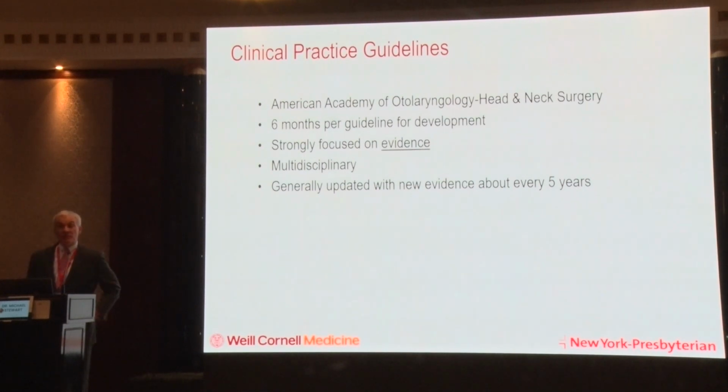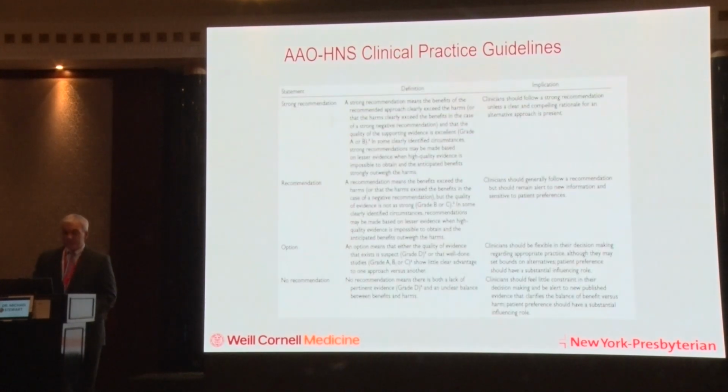They're also multidisciplinary. Even though a pediatric obstructive sleep apnea clinical practice guideline came from the Academy of Otolaryngology, there's sleep medicine, general pediatrics, pulmonology, neurology, multiple different subspecialties represented in all these clinical practice guidelines, and they're updated with new evidence every 5 years.